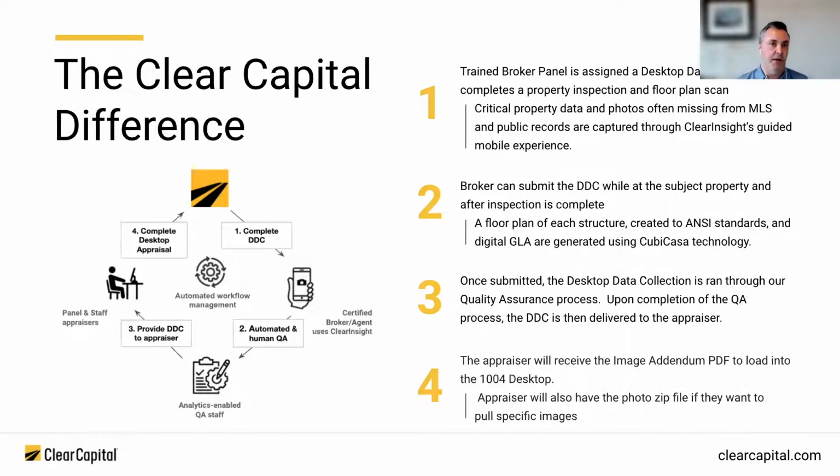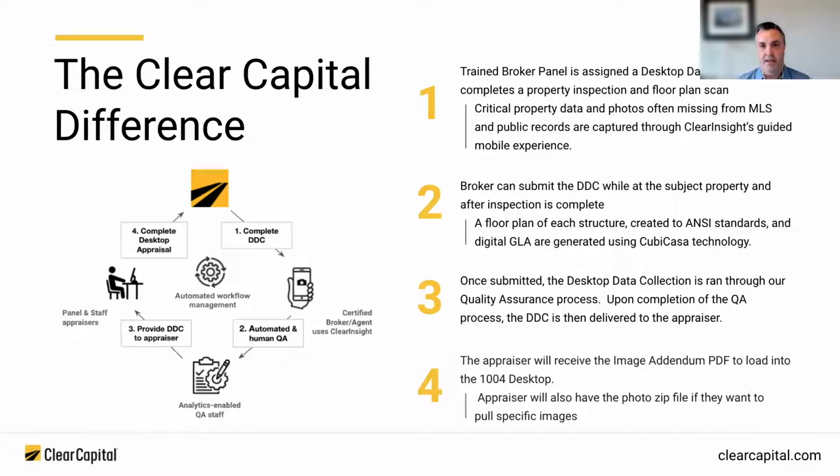May not show all of the physical deficiencies that exist or any external obsolescence that's out there. So what our desktop data collection process does is identify any of that for you. So you can use this to supplement the MLS, but it's going to identify a number of different aspects that we'll get into in another slide.